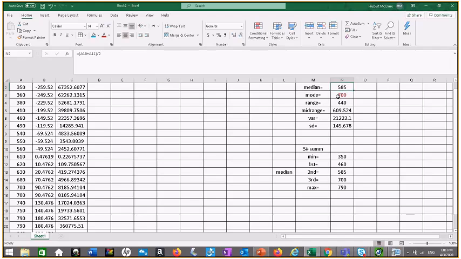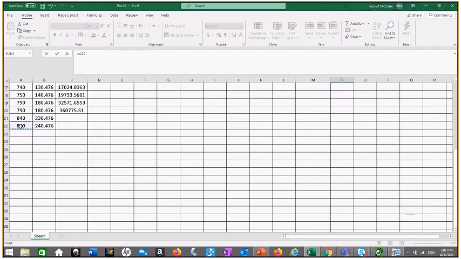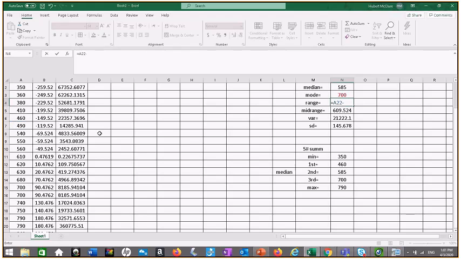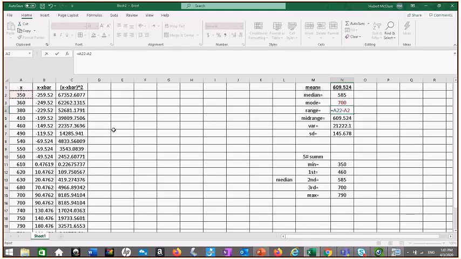Mode, I really don't care about the mode at this point, so I'm still going to say 700. I don't know what it is now, but range is equal to the highest minus the lowest. Somebody check on the mode and see if 700 is still the mode, or do we have more than 700?